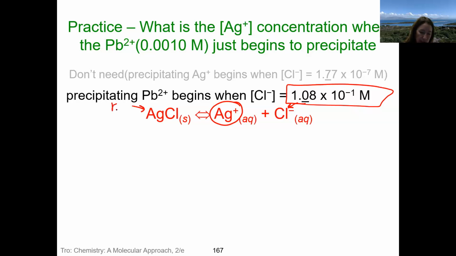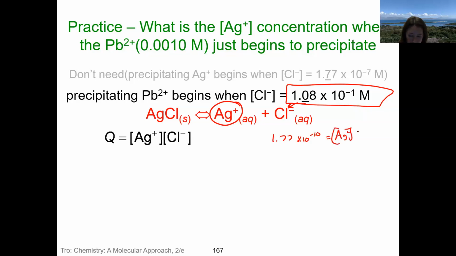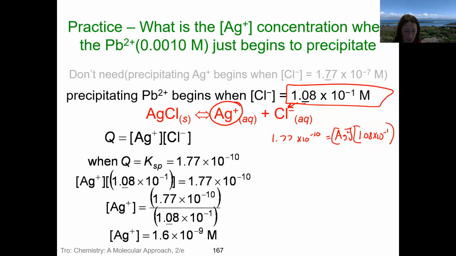This is going to come from our Ksp, which is 1.77 times 10 to the negative 10th, if I remember. So we're going to have 1.77 times 10 to the negative 10th equals whatever Ag is, this is what we're trying to figure out, times Cl, 1.08 times 10 to the negative 1. So we just divide these two, and we get this.